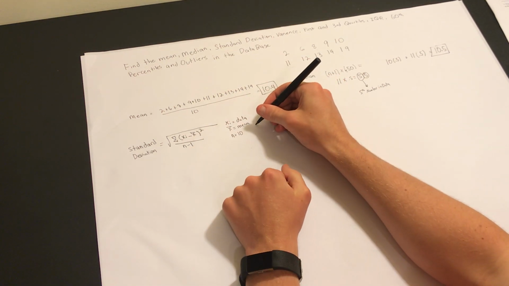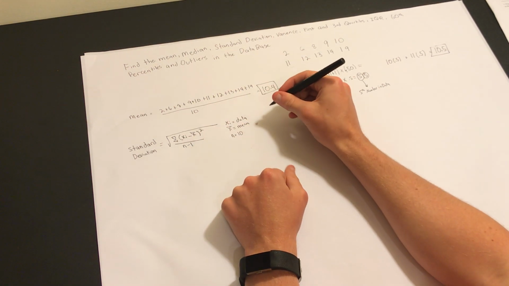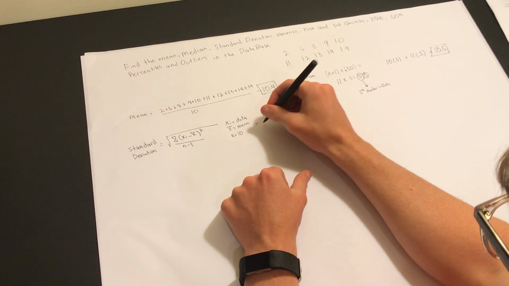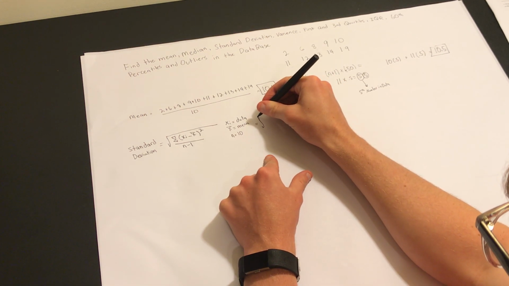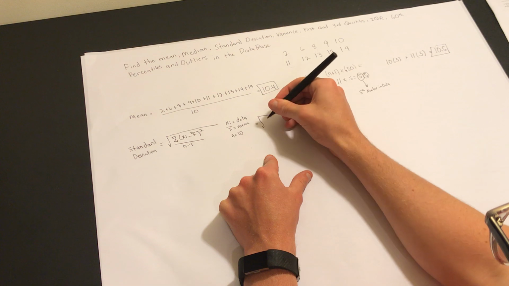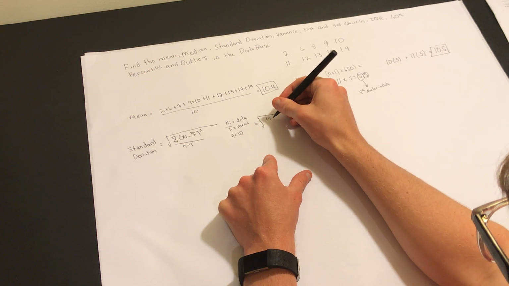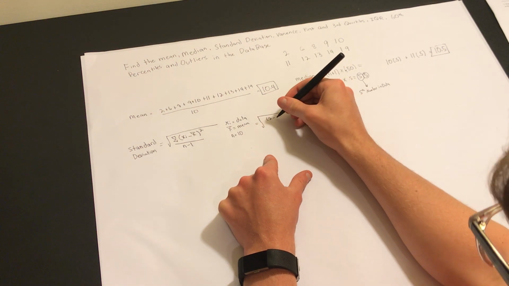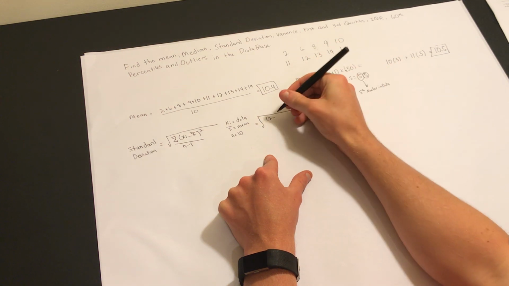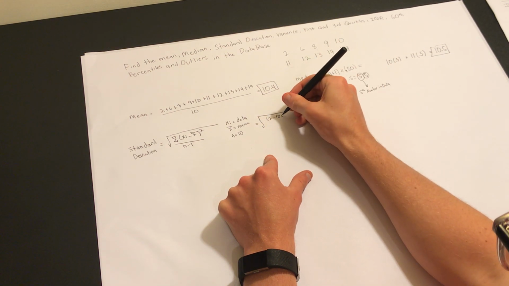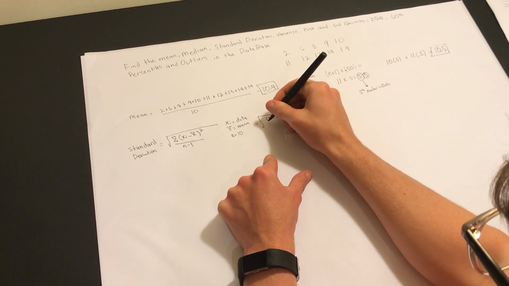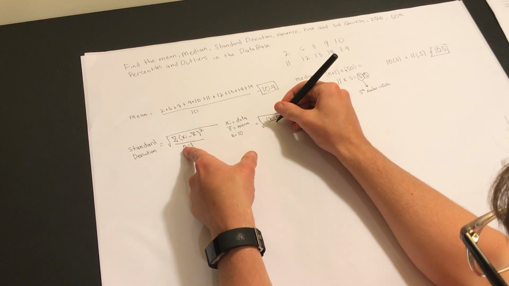I'm just going to show you the first couple examples. It'll be the square root of 2 minus the mean, squared, all over 9.